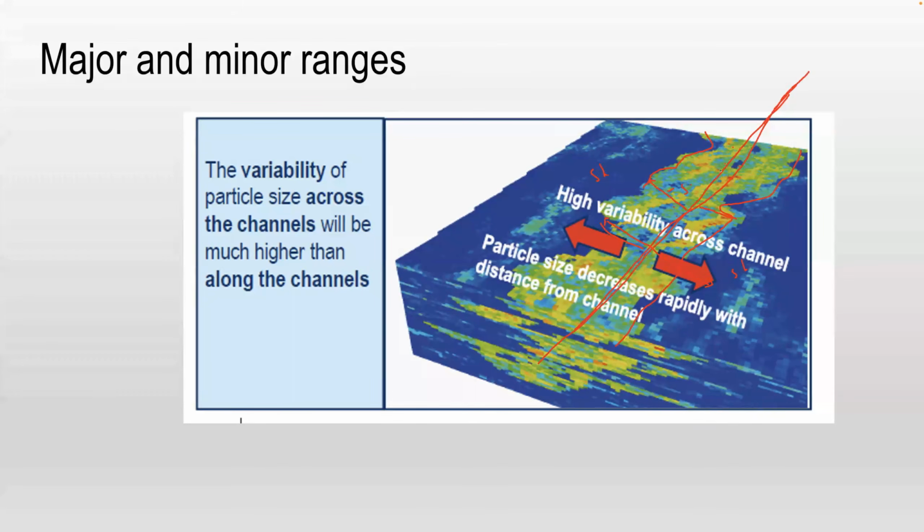If we find that in this direction we have high similarity, that's a major range in the variograms. And if the similarity is reduced very fast, that's the minor range in the variograms.